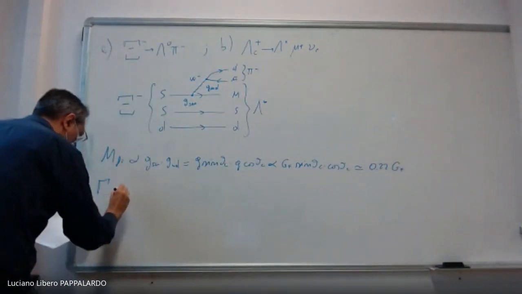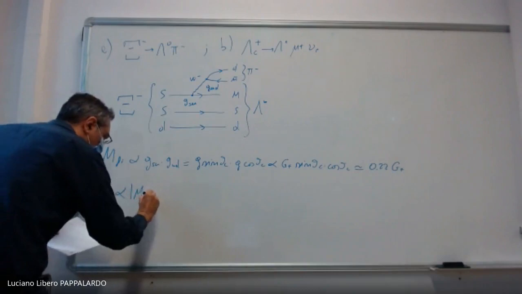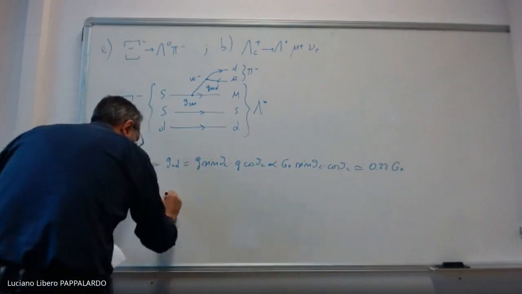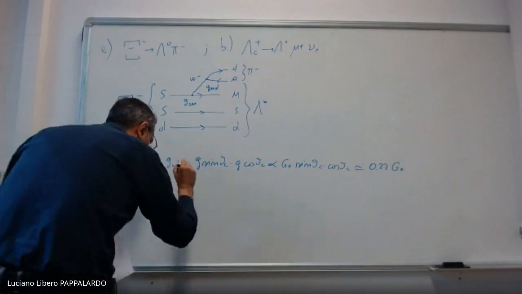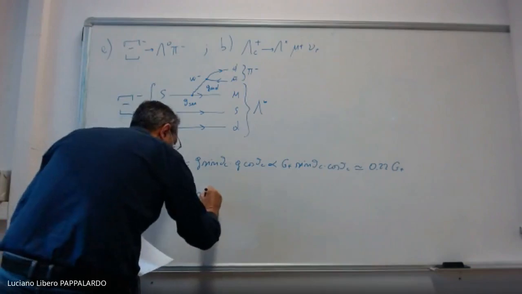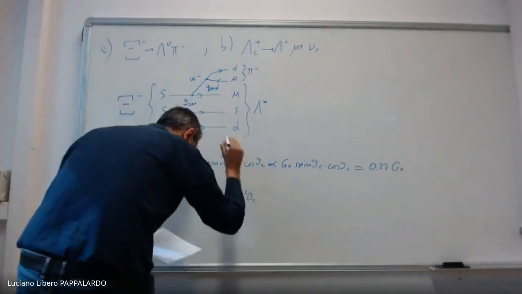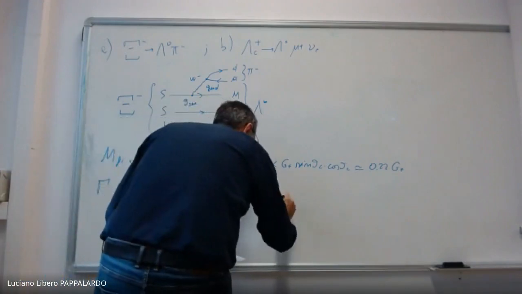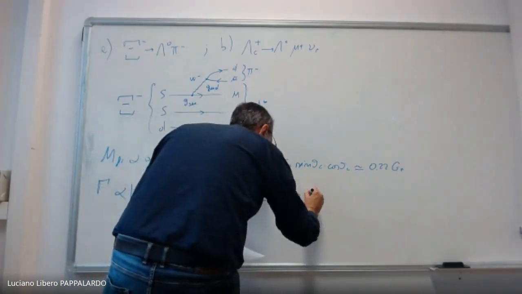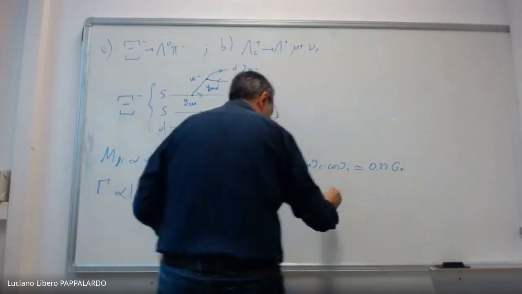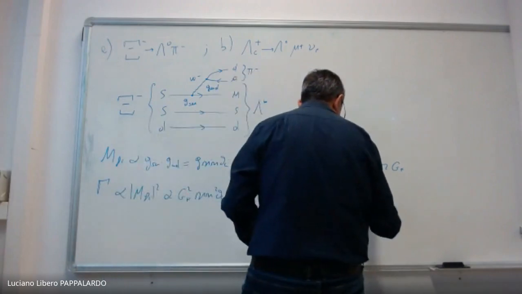And so the decay width is proportional to the square of the matrix element. It will be proportional to the Fermi coupling squared, and then we have sine theta C squared times cosine theta C squared. This is 0.048 G_F squared.